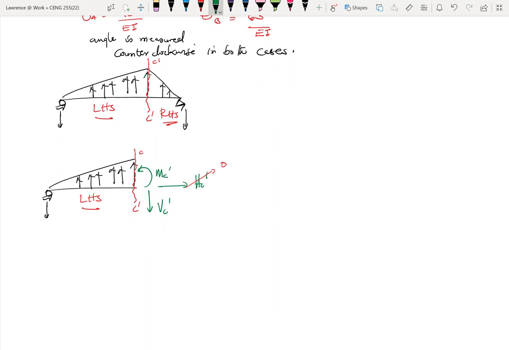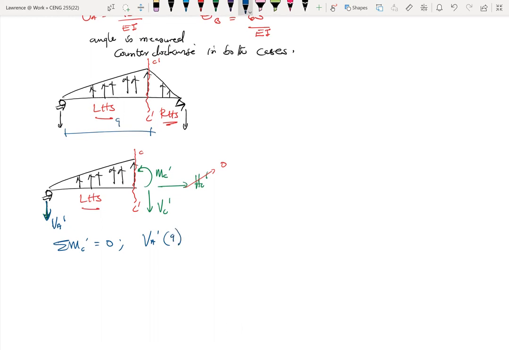Okay. So to find MC prime, since we already know what VA prime is, you can say, let's say, summation of moments at C prime equals 0. So we have VA prime times the distance between A and C, which is 9 meters.